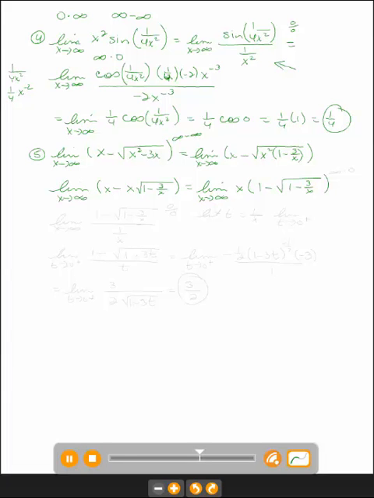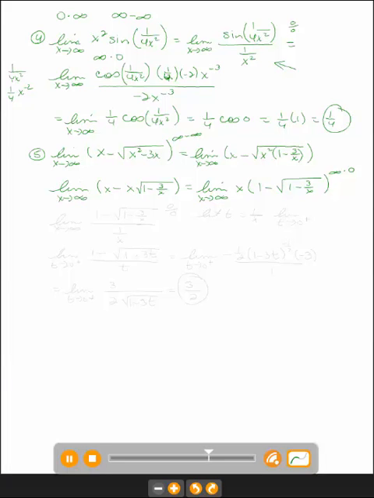Now, at this point, if I plug in infinity, this piece gives me infinity, the x. The square root, if I put 3 over infinity, that's 0. 1 minus 0 is 1. The square root of 1 is 1. 1 minus 1 is 0. So now I have met the infinity times 0 rule, or 0 times infinity.